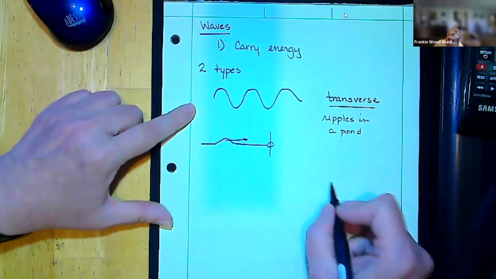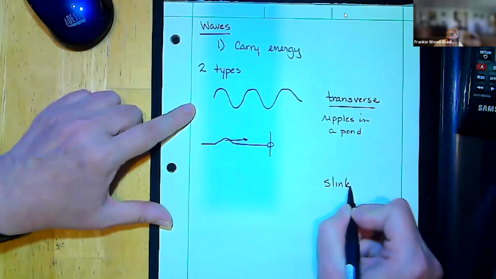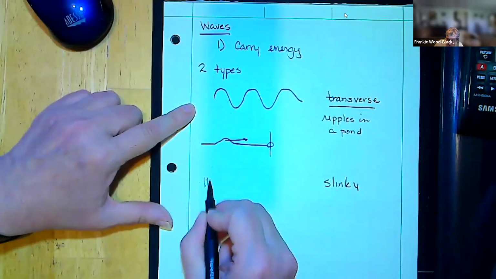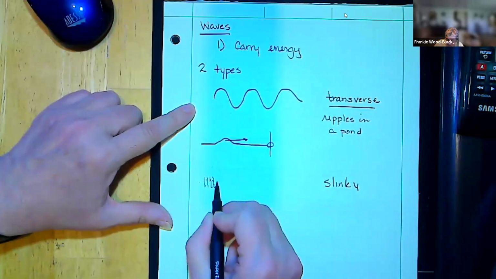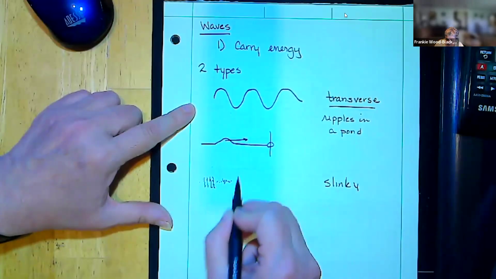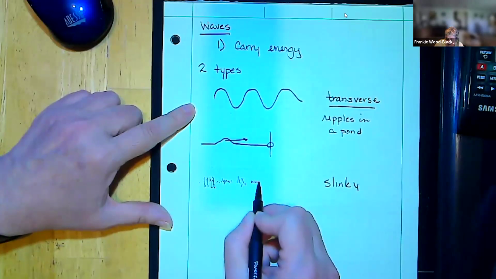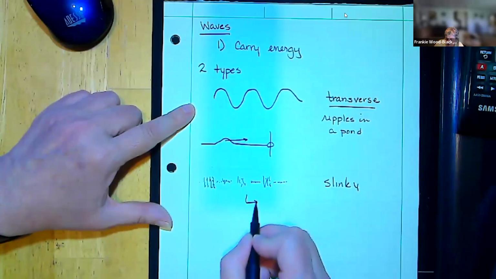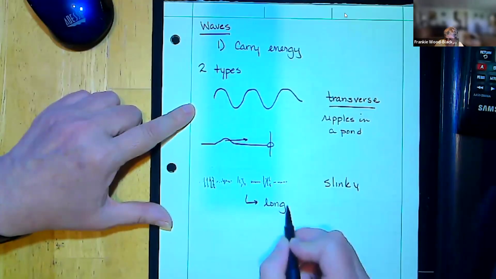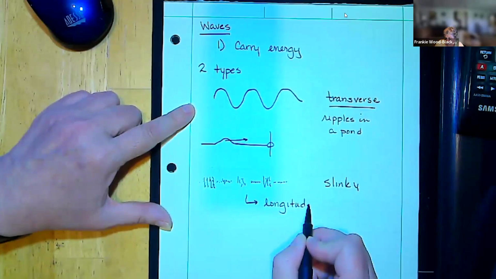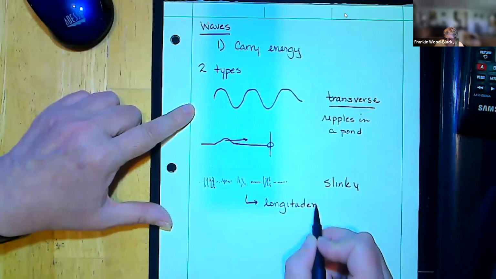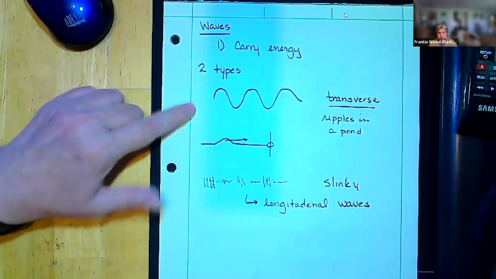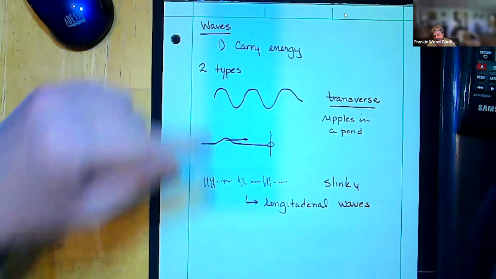The other one, I need a slinky to kind of think about it. Because what's going to happen in your slinky as it goes through, I get compaction and rarefaction and compaction and rarefaction and compaction and rarefaction. And these are called longitudinal waves. So transverse ones are easy to see.